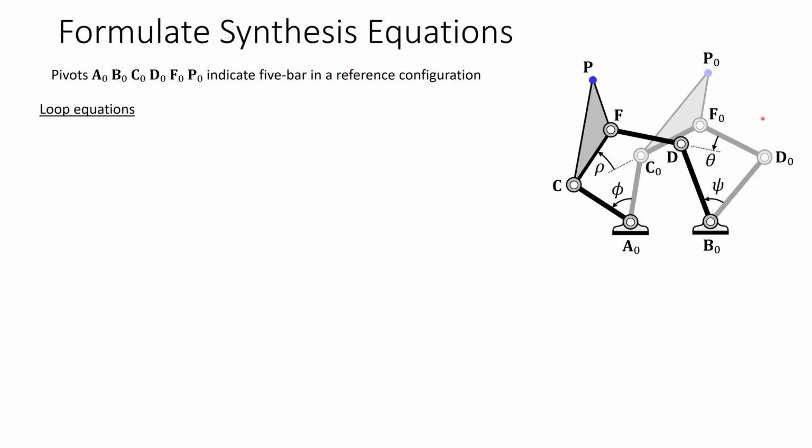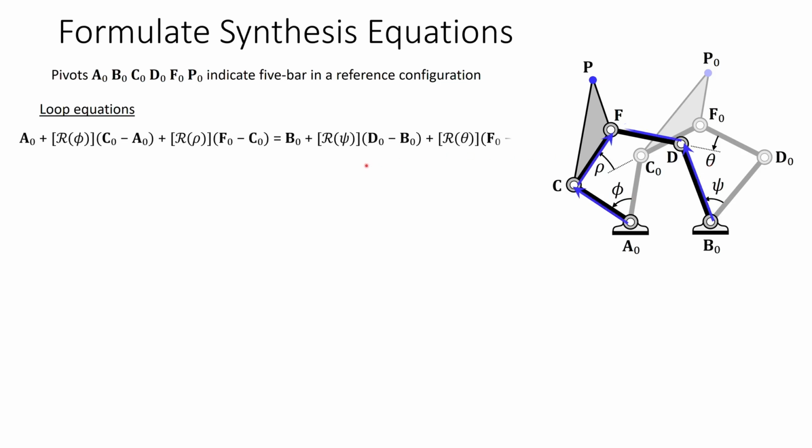Next, let's formulate the synthesis equations. On the right, we have pictured a 5-bar linkage in a reference configuration and a displaced configuration. There are 4 moving links. The angular displacement of those links is measured from the reference configuration by the angles phi, rho, psi, and theta.